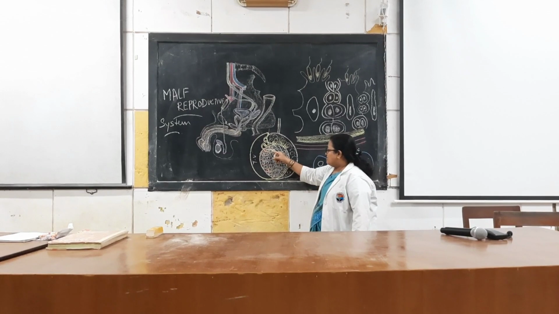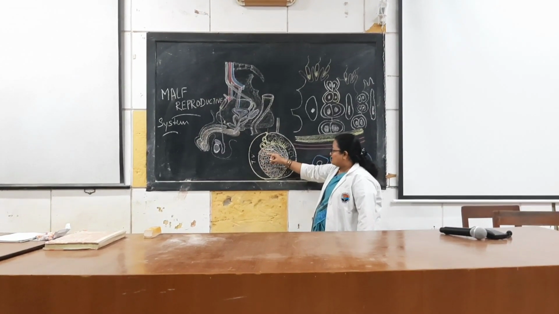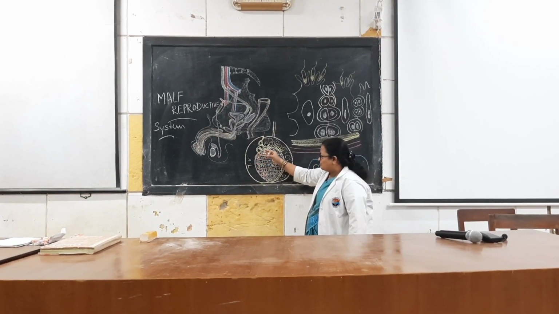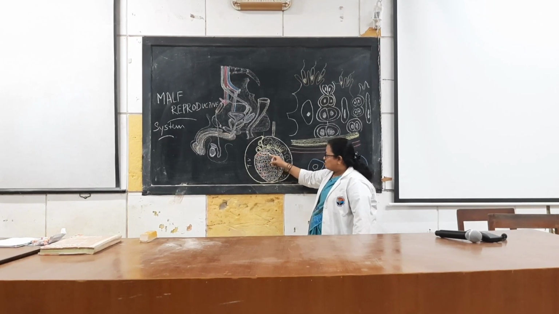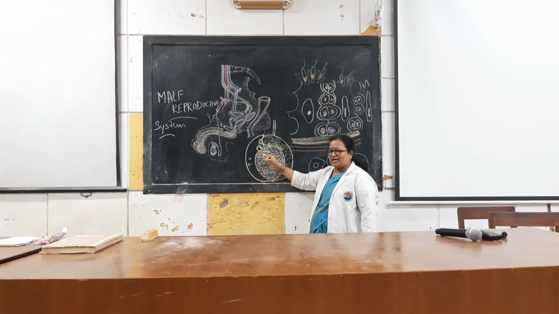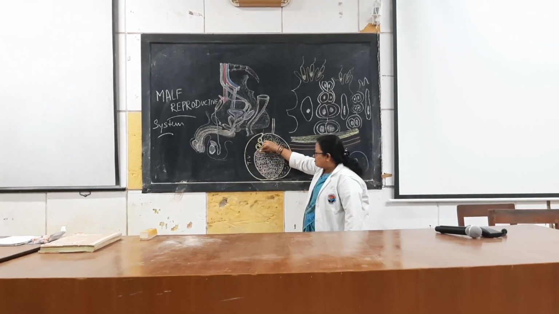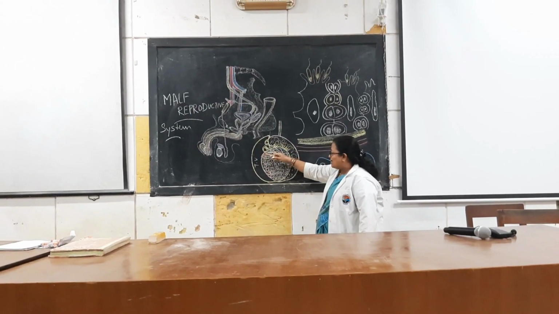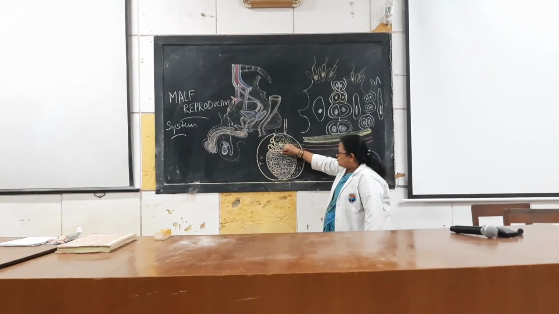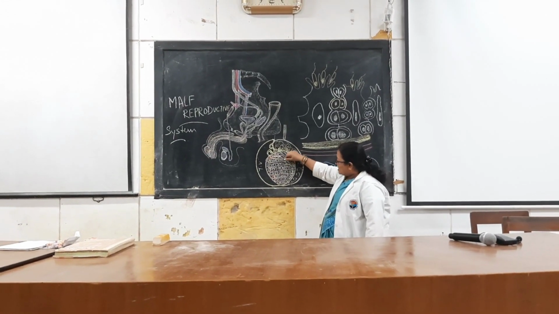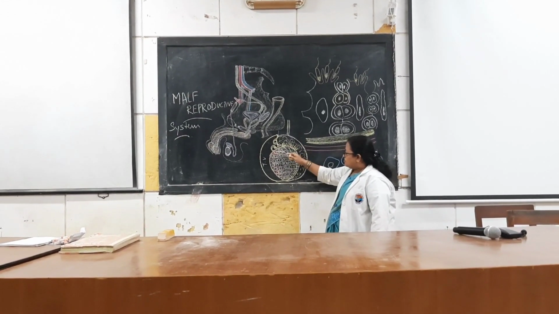So what is the epididymis? We see the genital system of the male reproductive system. I told you that each lobule has 2 to 4 seminiferous tubules. These seminiferous tubules are more coiled inside, and when they come towards the mediastinum of the testis, they are straight.